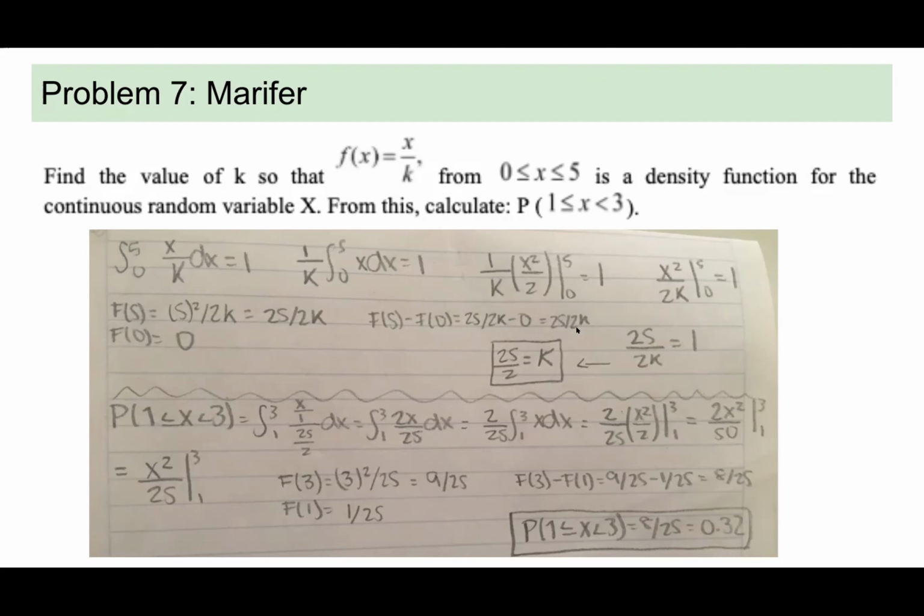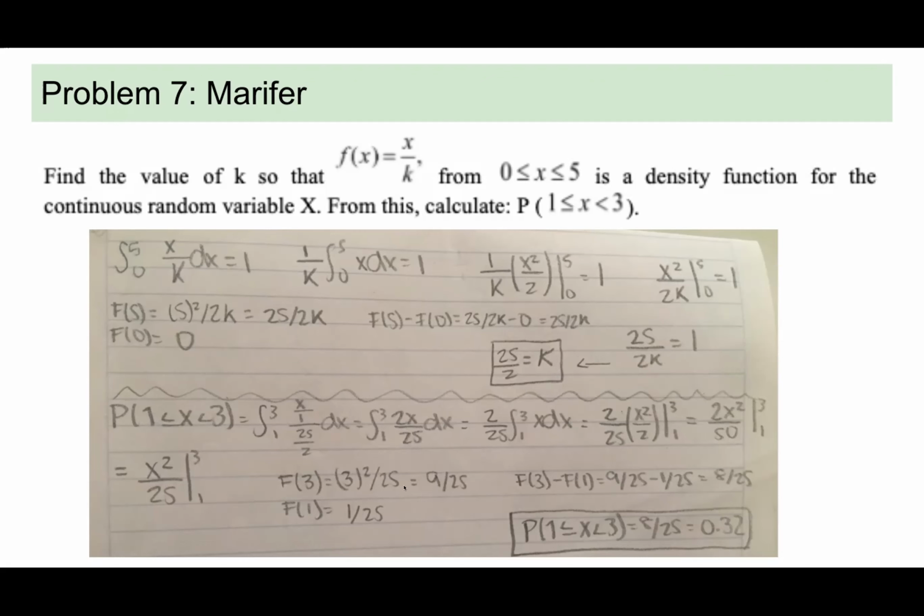So once we have the value, all this is equal to 1. So it is as if we had 25 over 2k is equal to 1. So we just solve for k, by multiplying on the other side. And this is our final value.